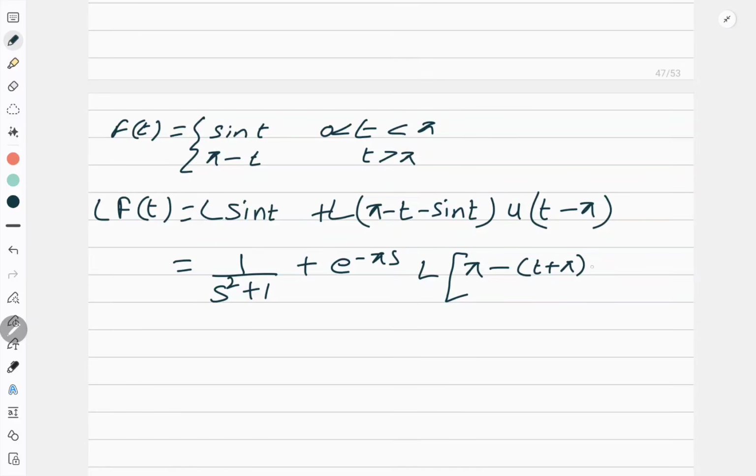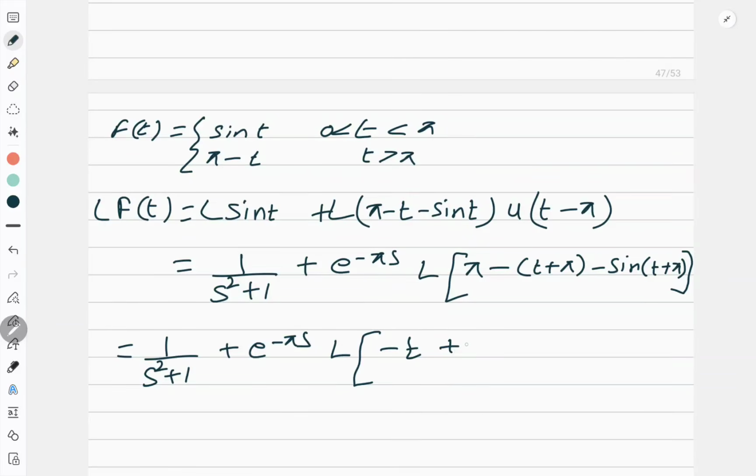So t plus pi here, minus sine t plus pi here. Wherever t is there I should write t plus a. So 1 upon s square plus 1 plus e to the power minus pi s Laplace of pi minus t minus pi. So minus t, and sine t plus pi will be minus sine t. So plus sine t left.